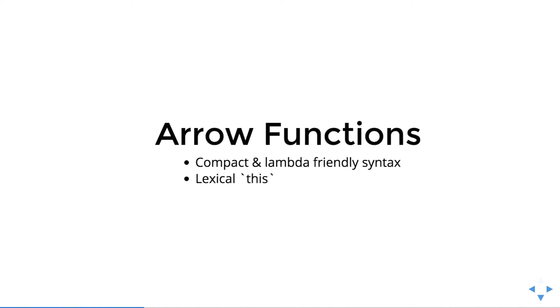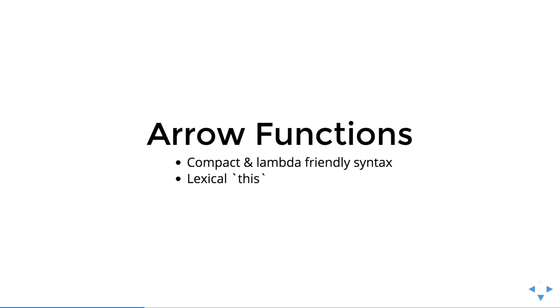Nope. Okay. Arrow functions. Who has used these or knows what they are? Cool. I got more hands there than when I asked if they knew what ES was, I think. So, a couple of the main benefits of arrow functions is just the compact, lambda-friendly syntax. Who can tell me what a lambda is?